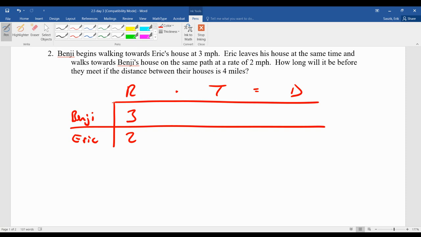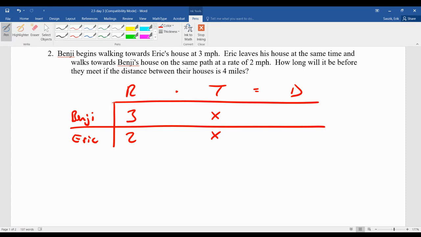Well, the time is going to be the same. They leave at the same time, they walk towards each other. Doesn't mean that they're going at the same speed, but the amount of time that they are walking is going to be the same because they're going to meet someplace in between. Now this can be a little bit tricky.